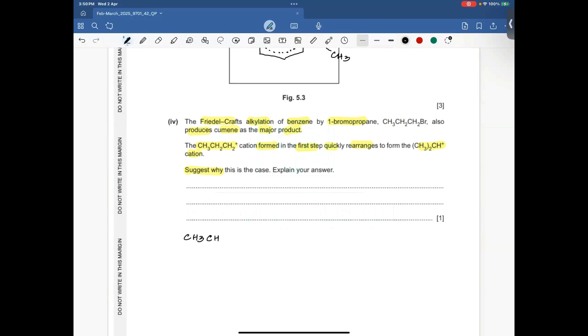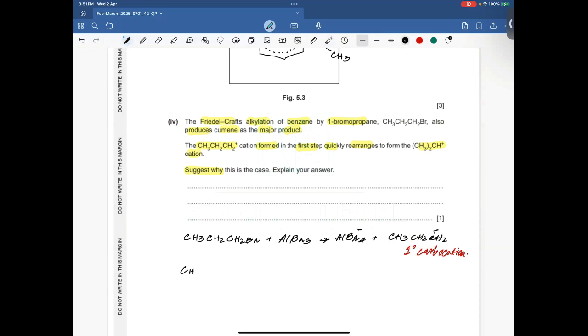This is CH3, CH2, CH2, Br plus AlBr3, converting into AlBr4 minus plus CH3, CH2, CH2 plus. Guys, look at this. This is 1 degree carbocation. Okay. Now this 1 degree carbocation undergoes rearrangement.